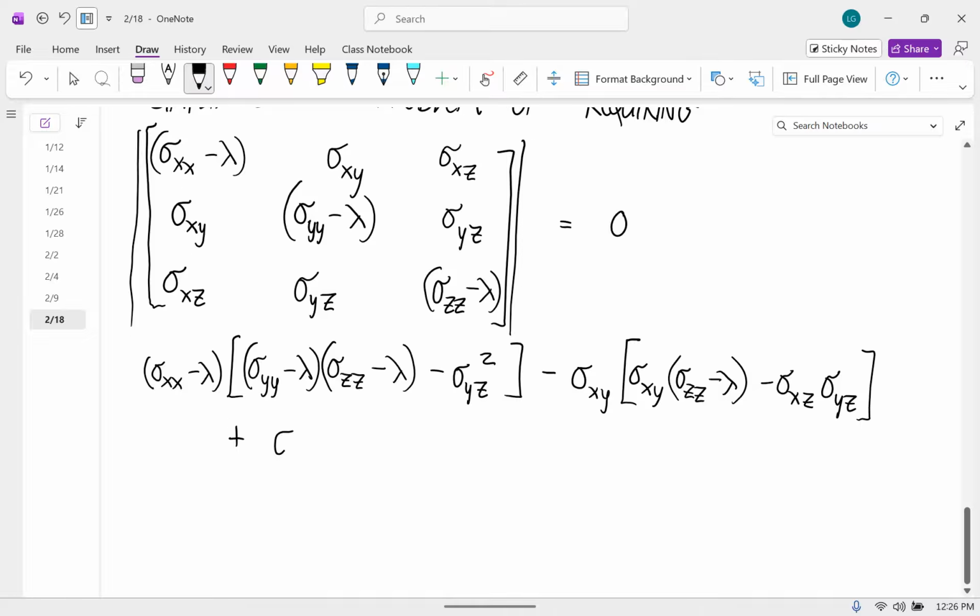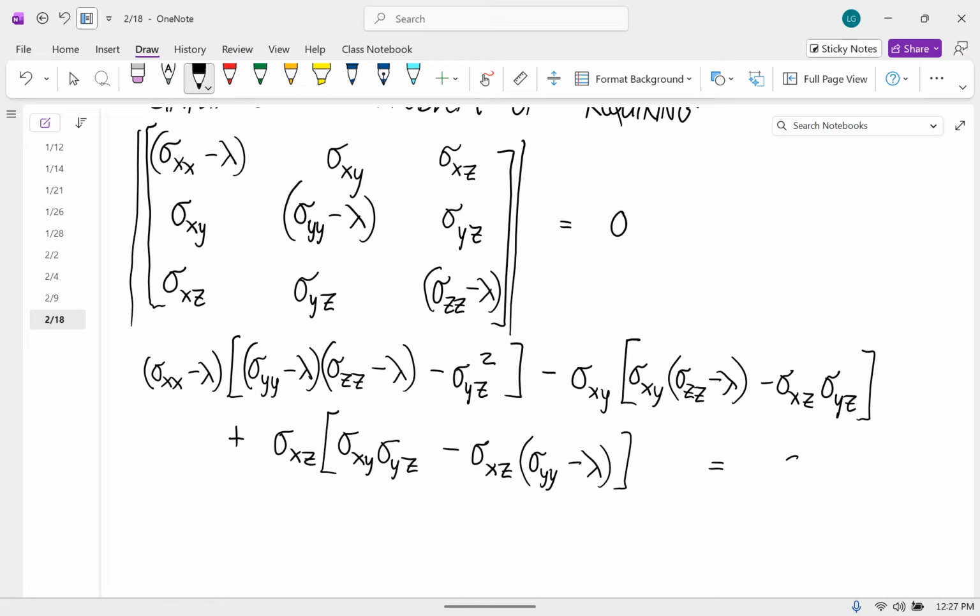And then plus sigma xz times sigma xy times sigma yz, minus sigma xz times the quantity sigma yy minus lambda. And we have to set this equal to 0.